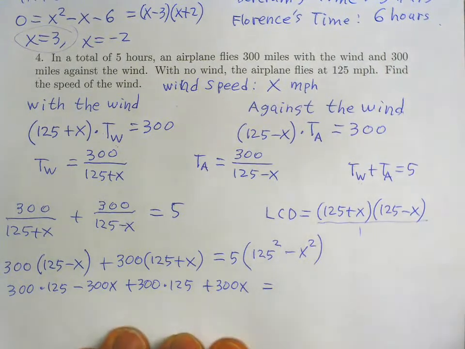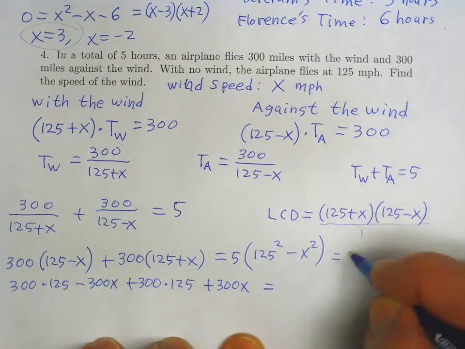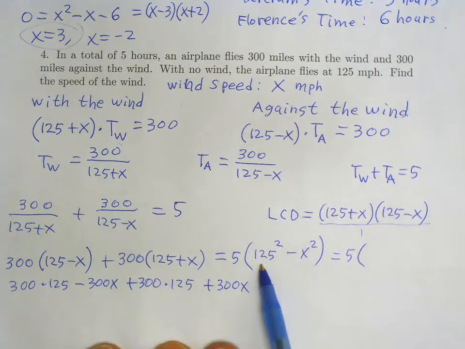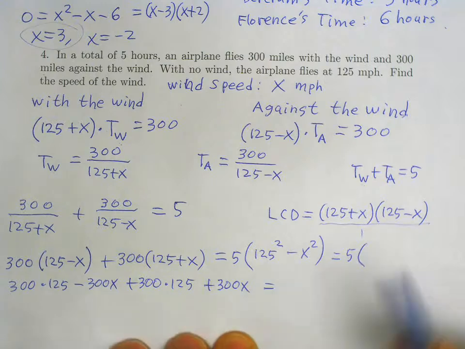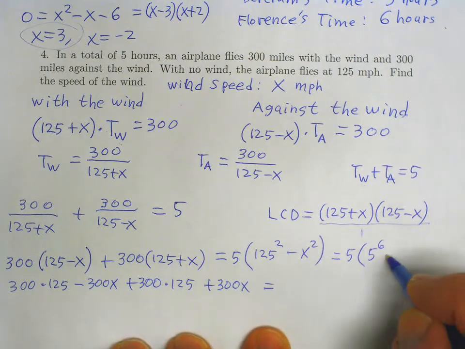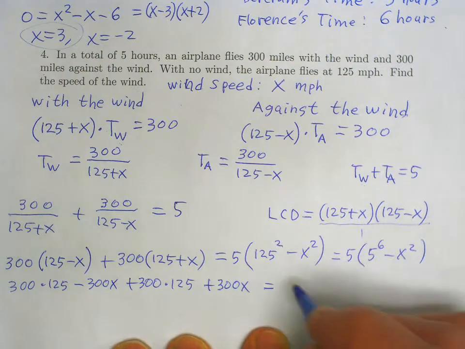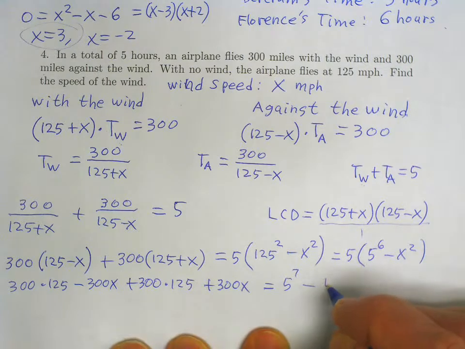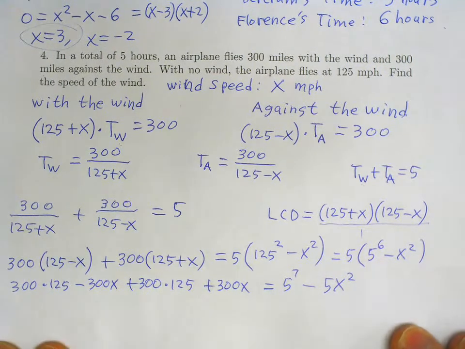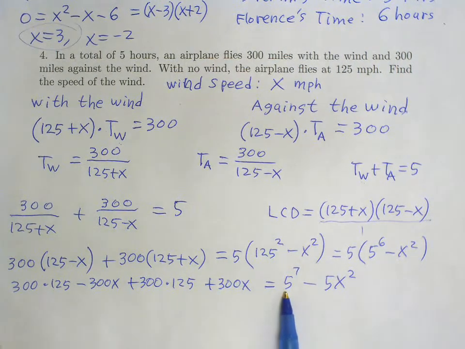And then, so notice what we have here. 125 is 5 to the third, and 5 to the third to the second is 5 to the sixth. So I'm just going to write 5 times 5 to the sixth as 5 to the seventh, and then minus 5x squared. So we can deal with the actual numbers later.